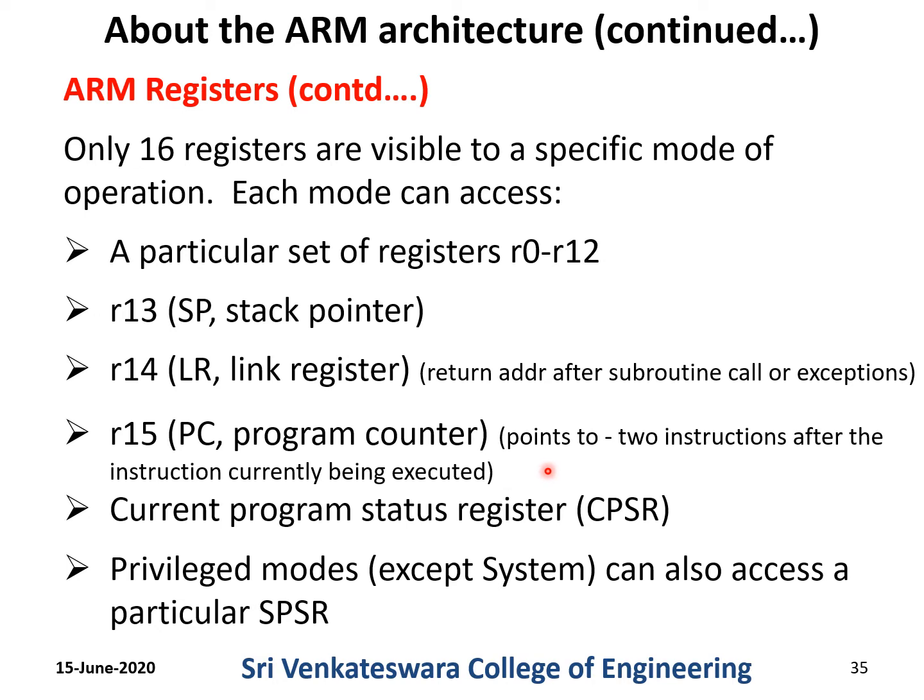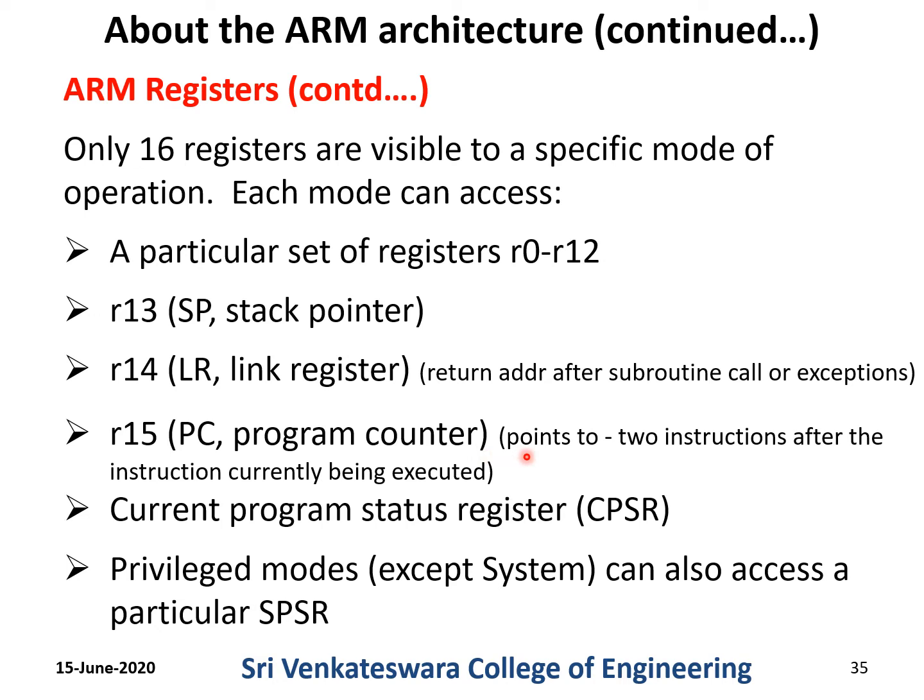Usually the memory is byte addressed memory, so each location occupies 8 bits. So a 32-bit instruction occupies 4 memory locations, and the program counter usually points to the next instruction to be accessed.